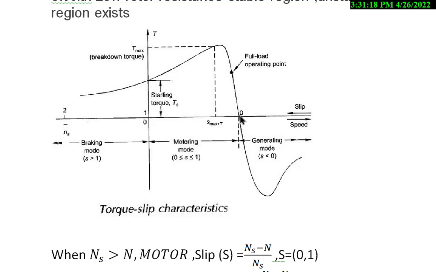This is the linear characteristic, and this is the full load operating point up to which it can be safely operated. Beyond this, it can be operated up to here, but only for a short duration. But after this it becomes an unstable region like this.